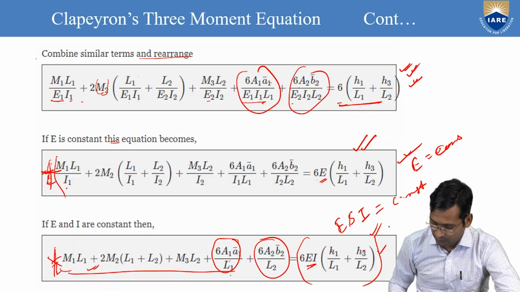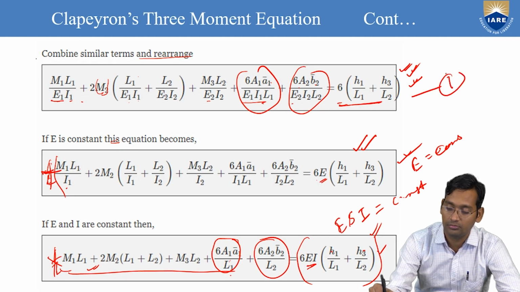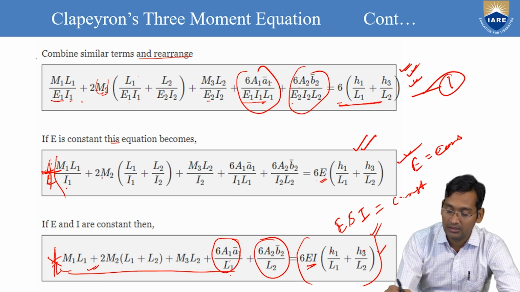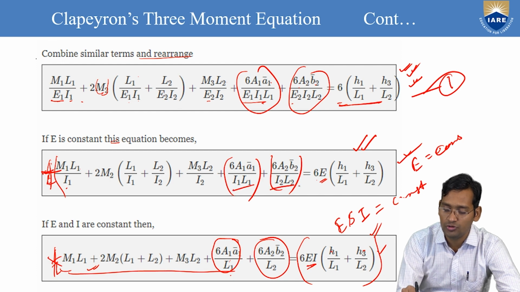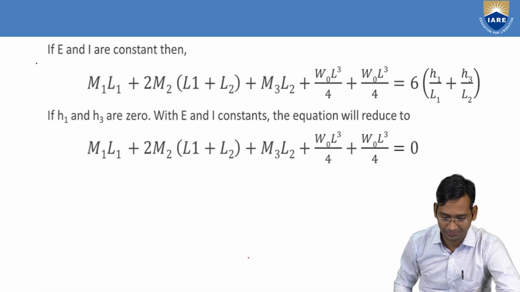So this is from this equation. Now, if E is constant, then this will change; remaining everything will be the same. Only these two terms will change.